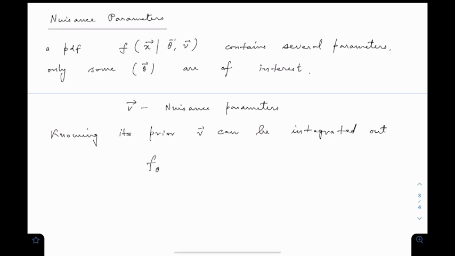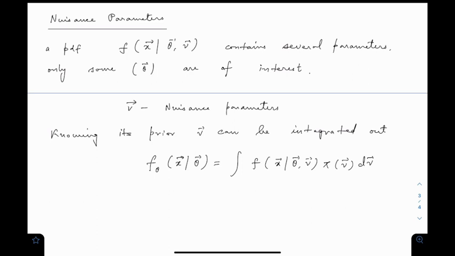And we can obtain this probability density function as a result, which only displays the dependence on thetas. And this way we obtain a PDF depending solely on the parameters of interest.